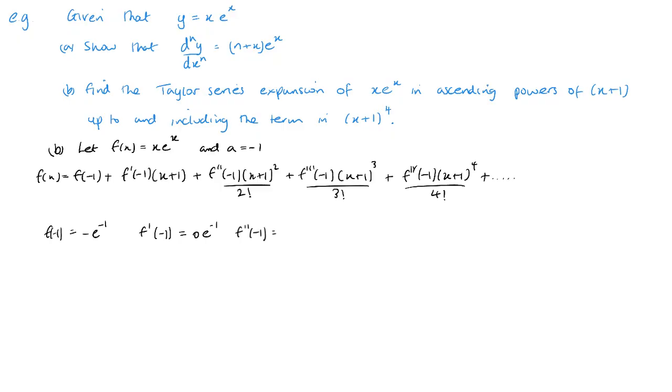Now, when I put in 2, remember we've got x plus 2 in this bracket. So 2 minus 1 is 1, e to the power minus 1. The third one will be 3 minus 1, which is 2 e to the minus 1. And the fourth one is going to be 3 e to the minus 1.